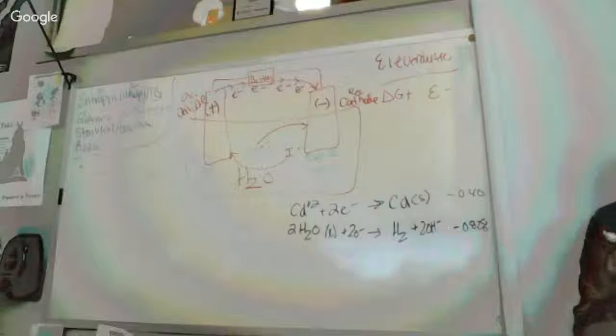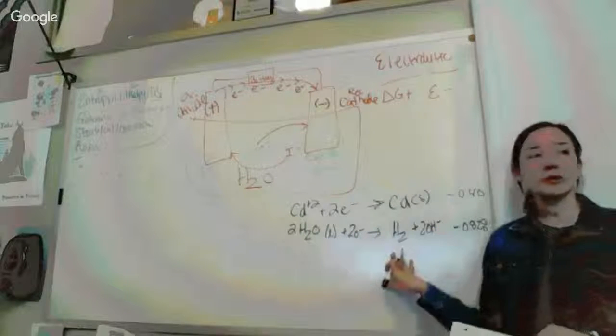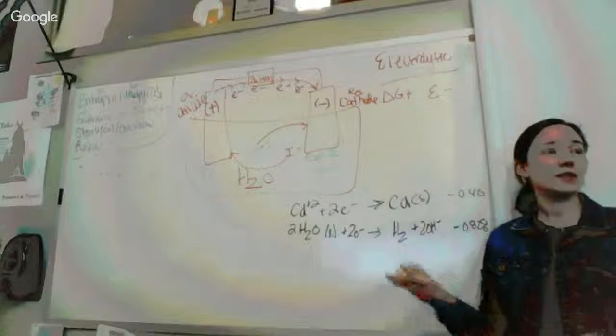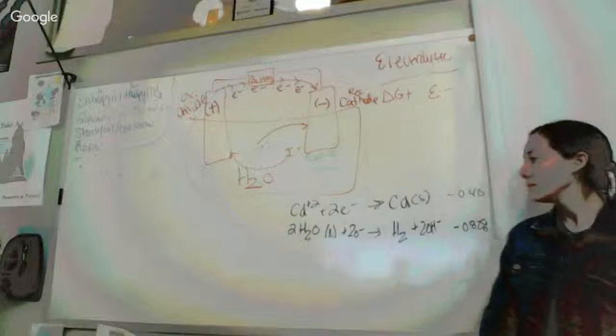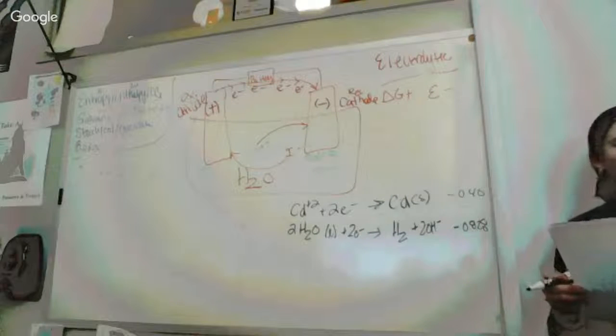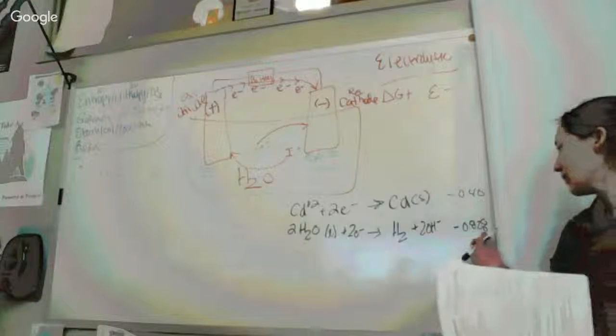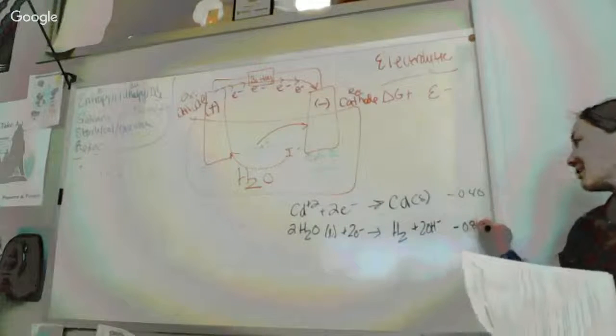How do you know which water value to use? What a great question. So the reason why I picked this water equation instead of the other one that I had, negative 0.828. On our sheet, it just says negative 0.83.